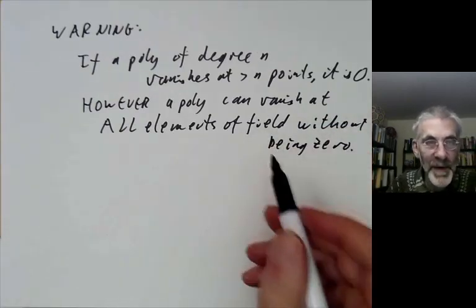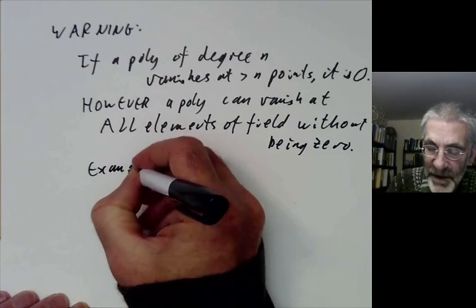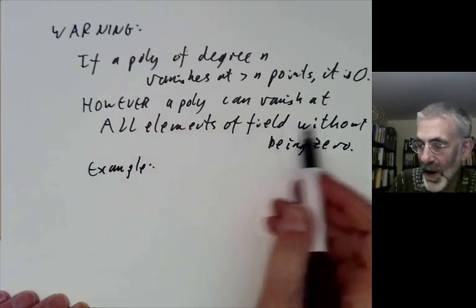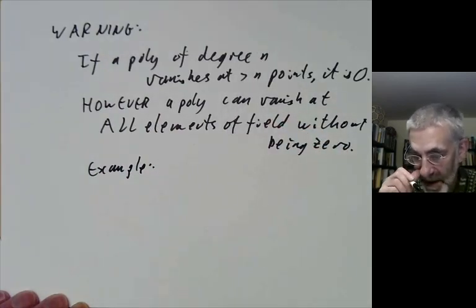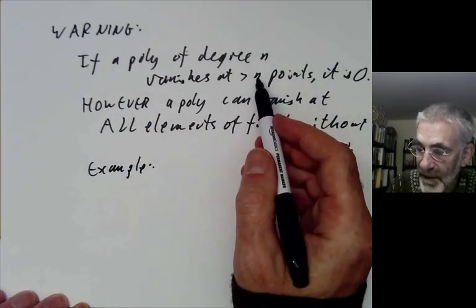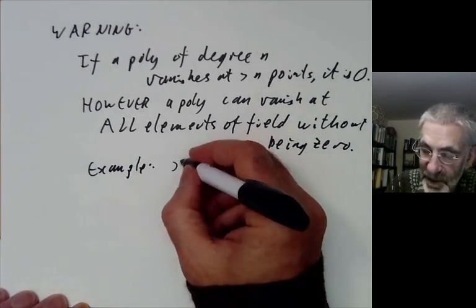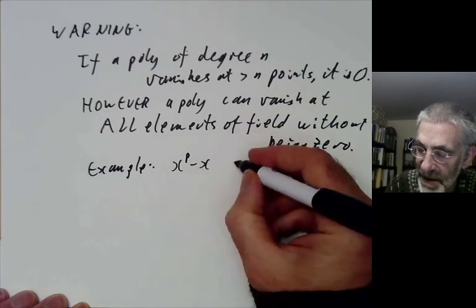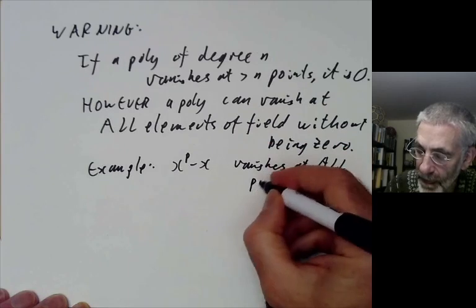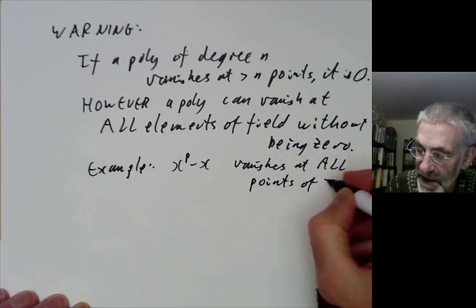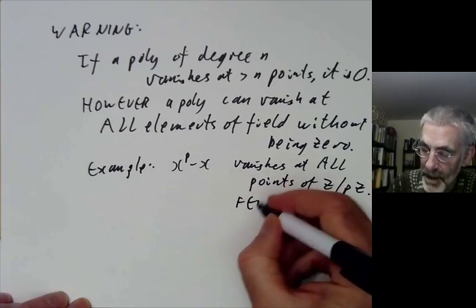And if you're confused by that, you've forgotten that fields can be finite, because if you have a finite field, well, it can vanish at every element of the field, but it still might not be identically 0. So, for example, if we take the polynomial x to the p minus x, it vanishes at all points of the field Z modulo pZ by Fermat's theorem.